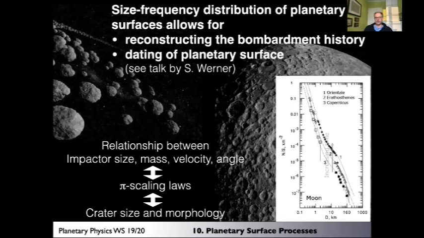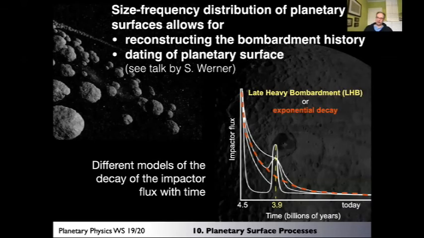If you want to calibrate this, these scaling laws are absolutely key, because they allow you to translate a given impact flux into a size frequency distribution on a planetary surface. So that's very important to reconstruct the bombardment history, and also a key thing if you want to figure out how the bombardment history changed with time.